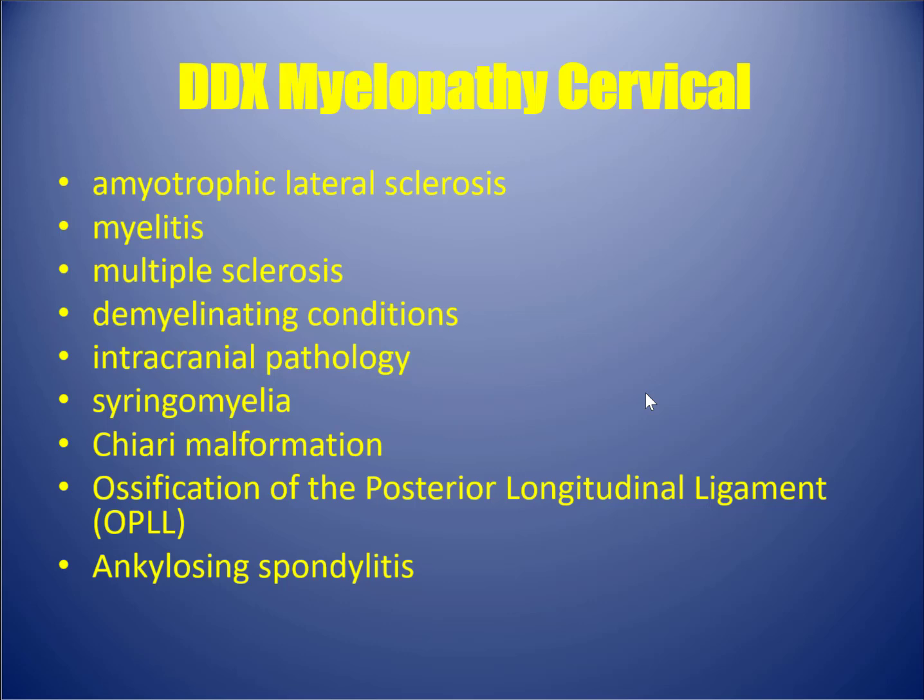So ALS, you said multiple sclerosis. Myelitis, usually these patients have a fever or they're sick. Demyelinating condition, the same thing as multiple sclerosis, really. Intracranial, syringomyelia. We just recently had a patient that has diffuse syringomyelia, syringobulbia, from the fourth ventricle all the way down to the spinal cord. And she presented with a C5 radiculopathy presentation.